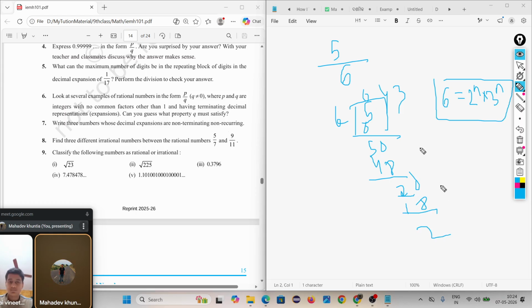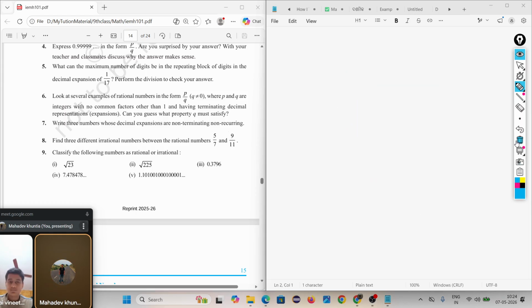It's repeating. So you remember, if you can write q as 2 raised to the power n, or 5 raised to the power n, or both, then you will get terminating, otherwise you will get non-terminating. Okay? Yes, sir.